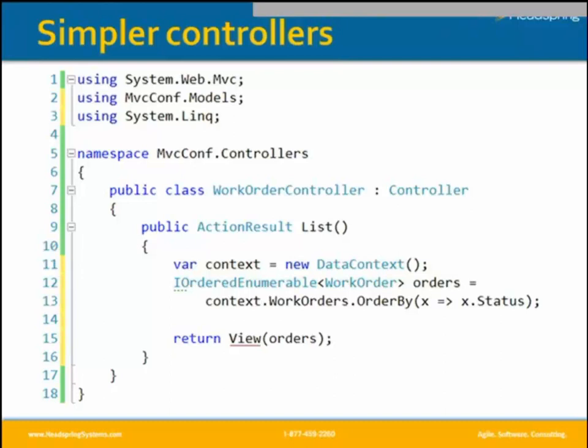It speaks the name of the business. The business is saying, hey, when I list the work orders, I need to see these particular items. And so, heck, you just let the business model for you, and the work order object can have all of that stuff in it. And so you can just get them, order them the right way, send them directly to the view, and then bind them up in some of the HTML helpers and display them.